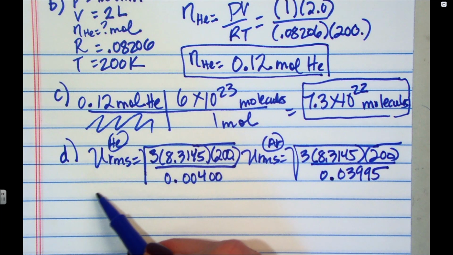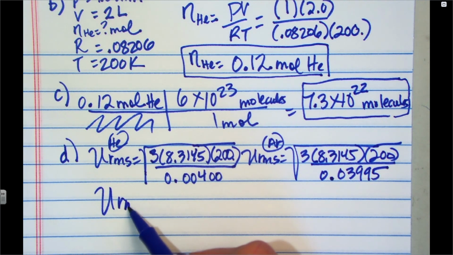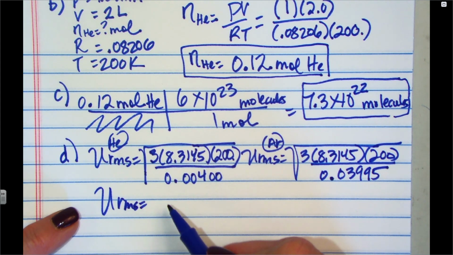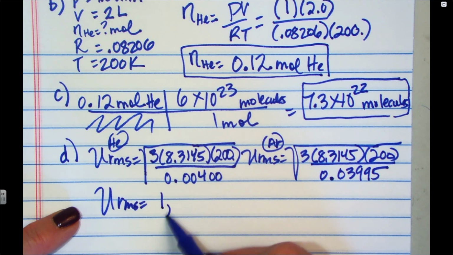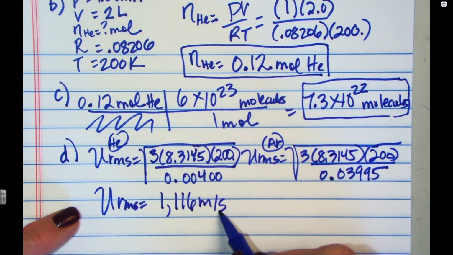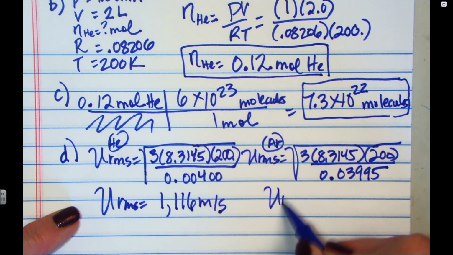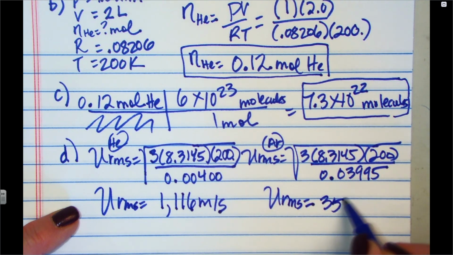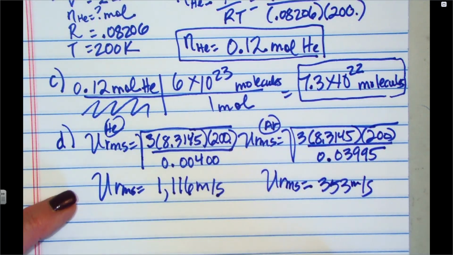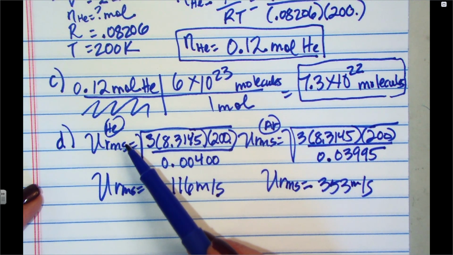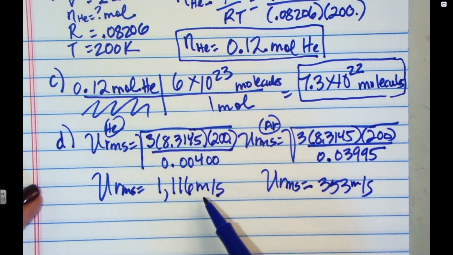So if you solve for the root mean square velocity, you get the actual value for the helium: 1,116 meters per second. And for the root mean square velocity at the same temperature for the argon, you get only 353 meters per second. So hopefully you could tell that helium, having such a lighter molar mass, is going to travel a lot faster if they're at the same conditions.